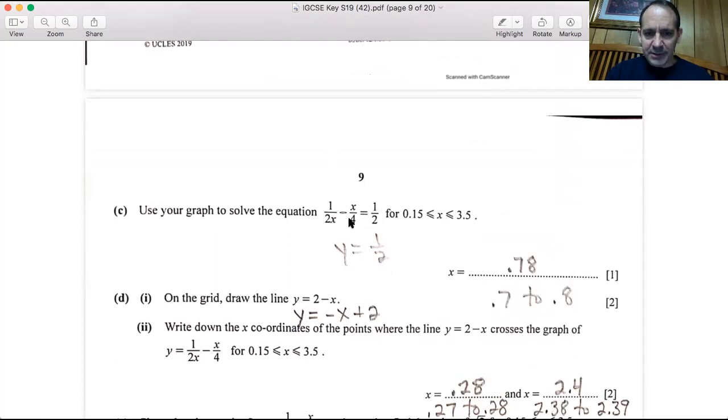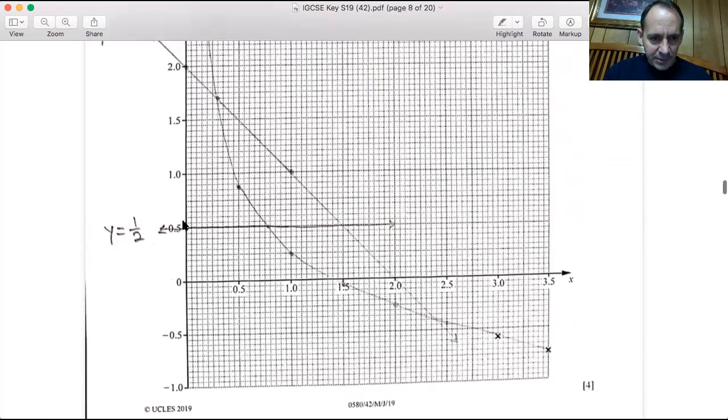So now we're going to graph the right, y equals 1/2, which is same thing as 0.5. This horizontal line is that graph. Where it intersects this graph, where they're equal to each other, is right here.